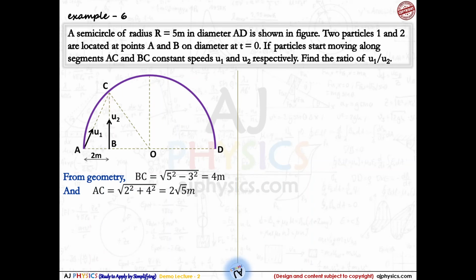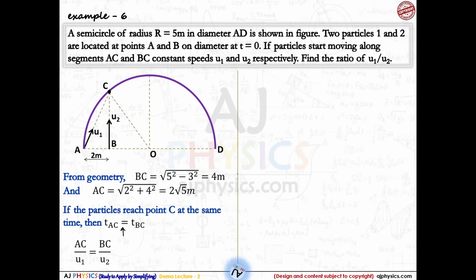Now if the particles are moving along this AB and BC, we need the ratio of speeds. You can calculate the ratio of speed because nothing has been mentioned about the time to reach here, but we can imagine that if they reach here at the same time, then the time taken will be equal, but it hardly matters. You just have to find the ratio of the speeds. You can directly find the ratio of the speeds also.